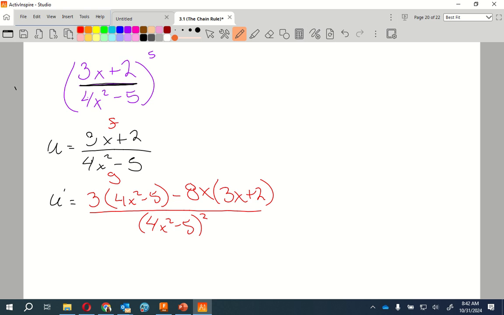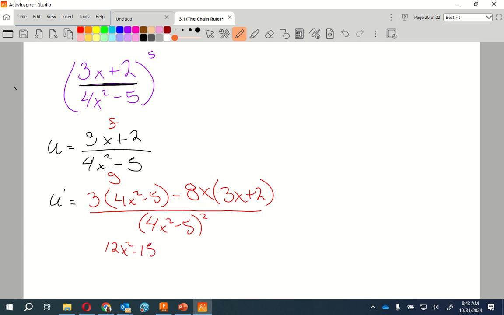So can I do a little distribution to combine this up? Yeah. And it's probably going to help to actually make it a little bit cleaner. But when we do this, make sure you actually are very carefully distributing addition, subtraction, your signs. So this is going to turn into 12x squared minus 15.